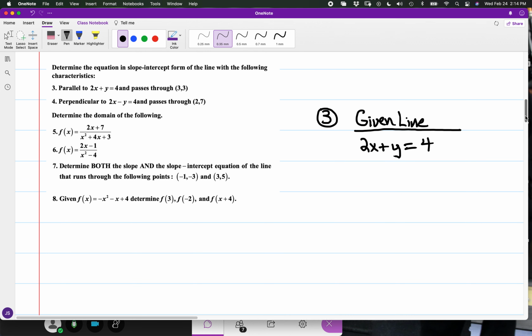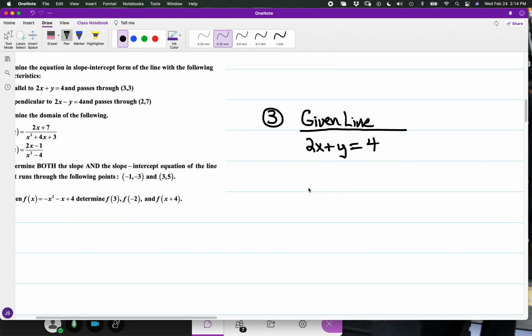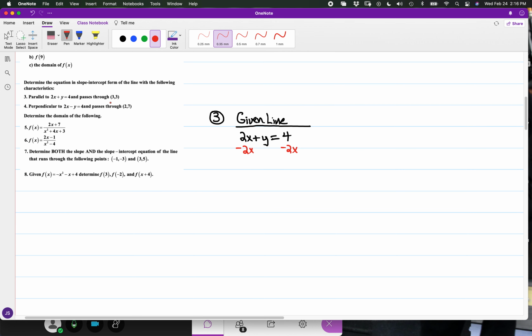Taking this and rewriting it in terms of the slope-intercept form, getting the y term by itself, we have that y is equal to negative 2x plus 4.